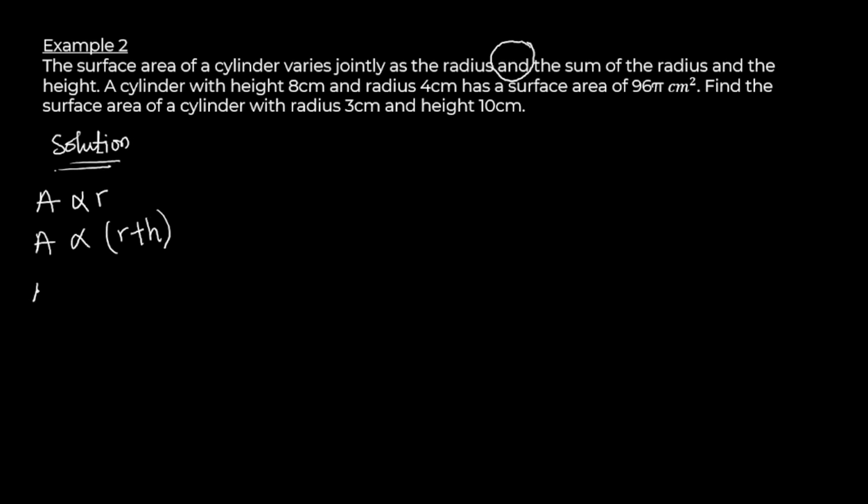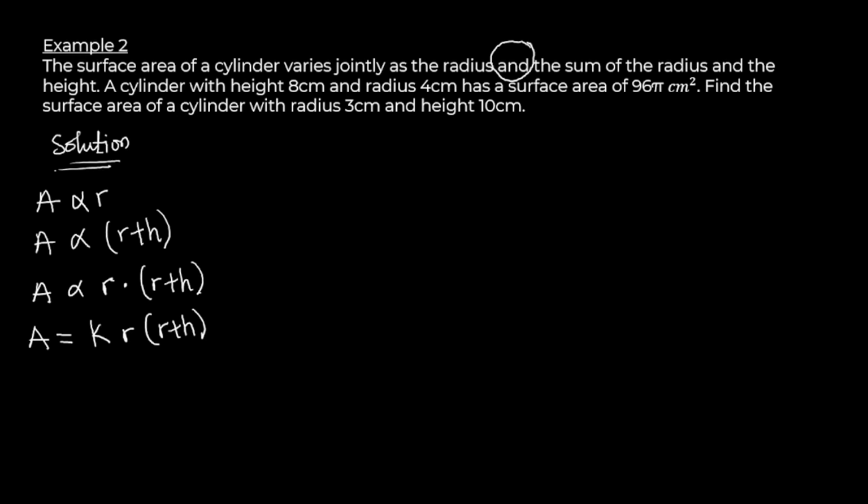This means the area is proportional to the radius multiplied by the second variation, which is R plus H, as our joint equation. To remove our variation sign, we introduce a constant. We have A is equal to K, which is our constant of proportionality or constant of variation, multiplied by R, multiplied by R plus H.